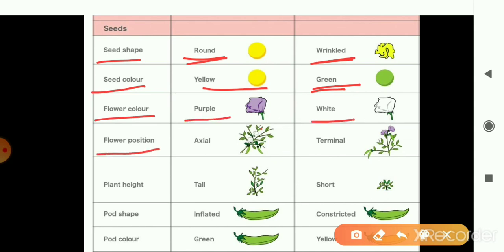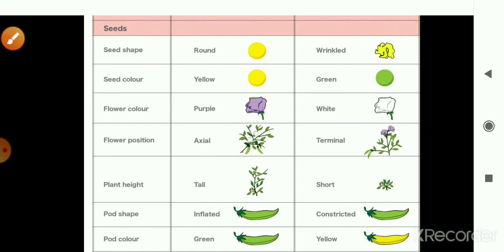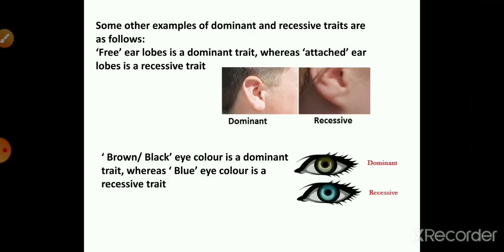For flower position, axial is dominant and terminal is recessive. Similarly, for plant height, tallness is a dominant trait, or the factor responsible for its expression is a dominant factor, whereas short is recessive. These are all examples. There were 7 characters for which Mendel found contrasting traits, and these are the contrasting traits that he found to be dominant and recessive.